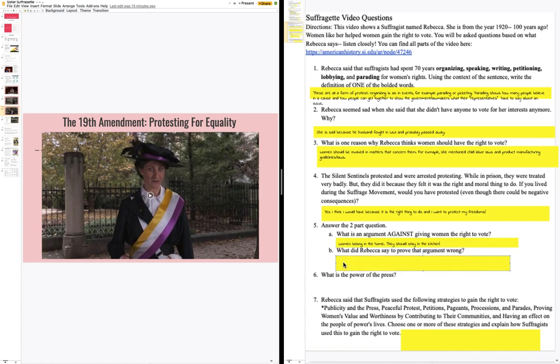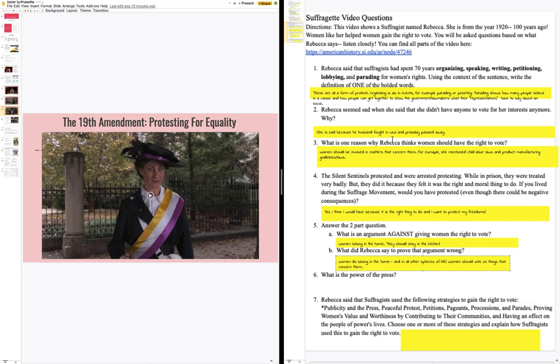So Rebecca, she stuck up for herself, right? She said women do belong in the home and in all other spheres of life. Even women should vote on things that concern them.